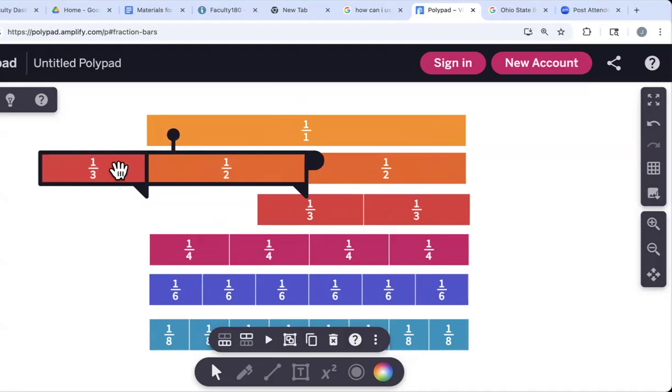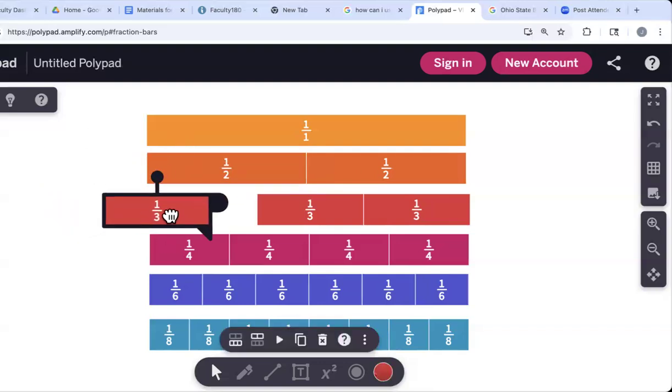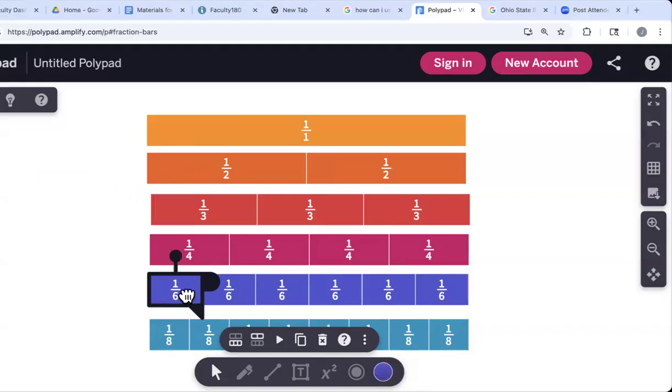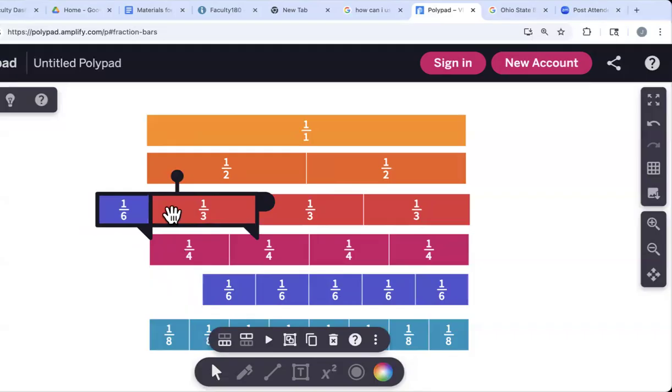Now let's separate these. Suppose I wanted to do 1/6 plus 1/3. In this case, I put the 1/3 together with the 1/6, and I have those together.